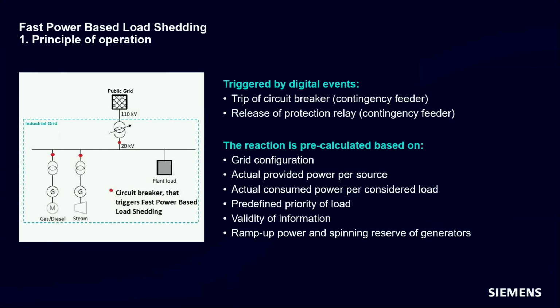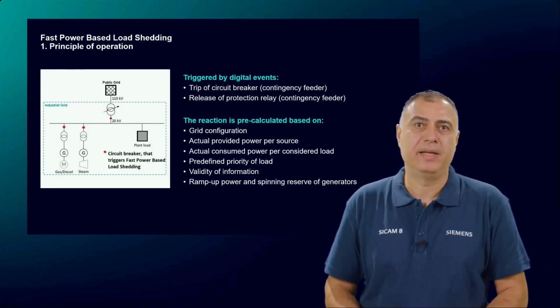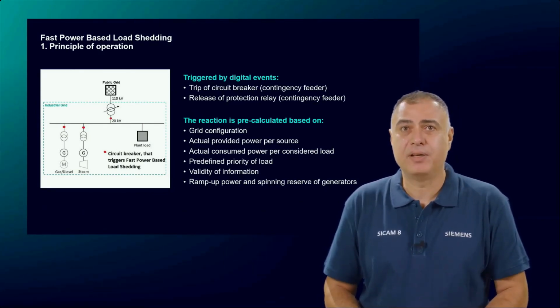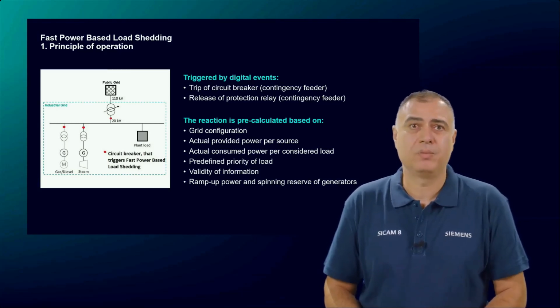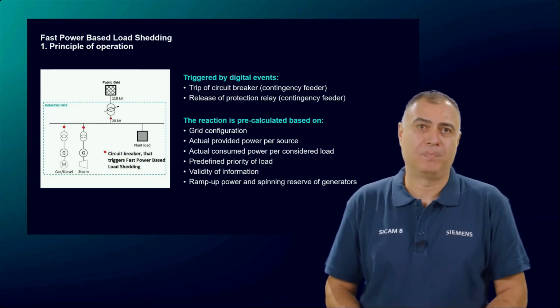The system monitors the so-called contingency feeders. These are feeders that can reduce the available active power in the industrial power grid. Examples of contingency feeders are infeeders from public grids, infeeders from generators, or couplings connecting power sources.